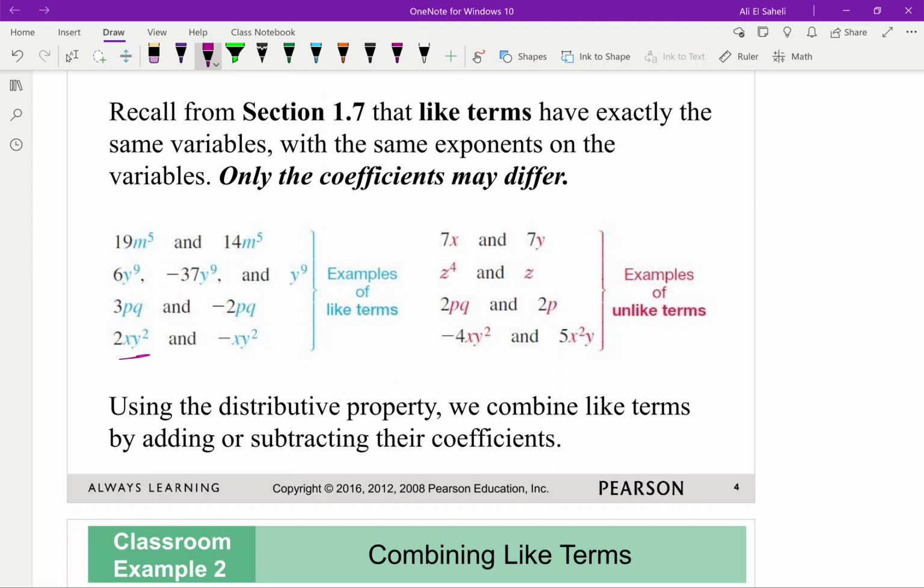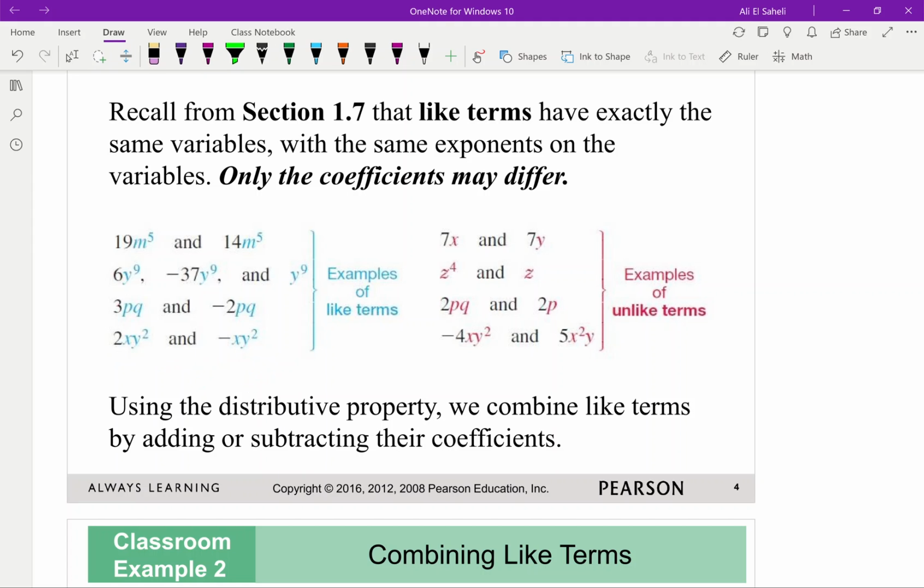These also are like terms. You have xy squared and xy squared. So these are considered like terms. So for instance, we can add them: 2xy squared minus 1xy squared equals 1xy squared.